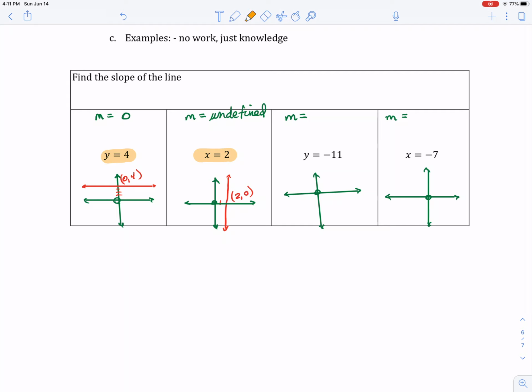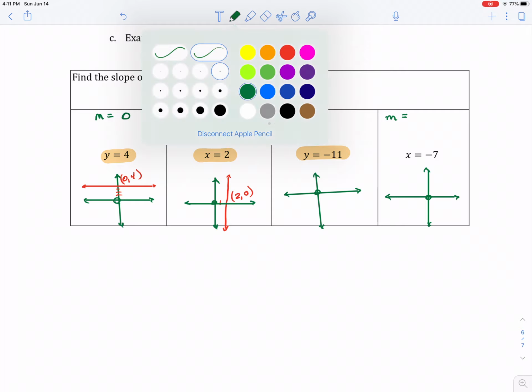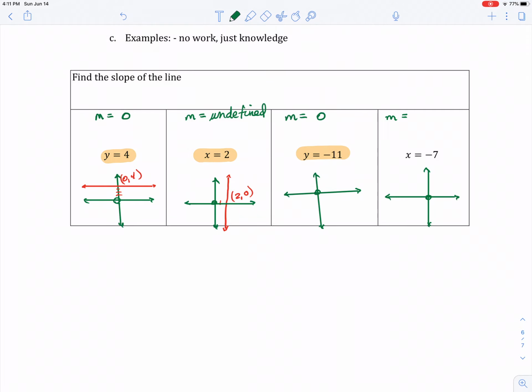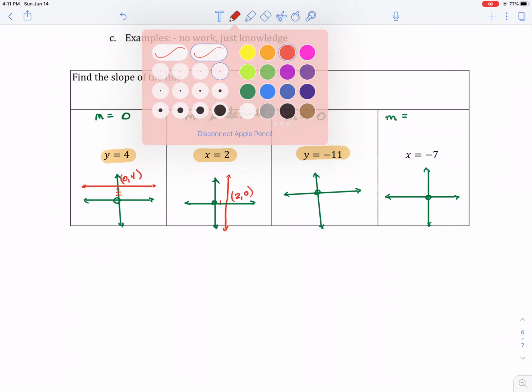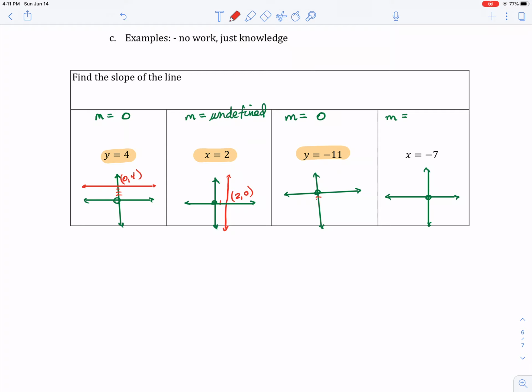This next one has only the variable y in it. So you know that that slope is going to be a slope of 0. And you know that the line is going to be a horizontal line, 1, 2, 3, 4, 5, 6, 7, 8, 9, 10, 11. So here's negative 11 down here. So that y-intercept is (0, -11).